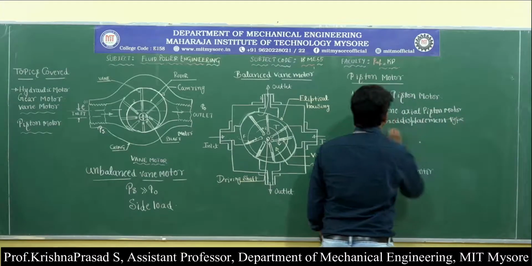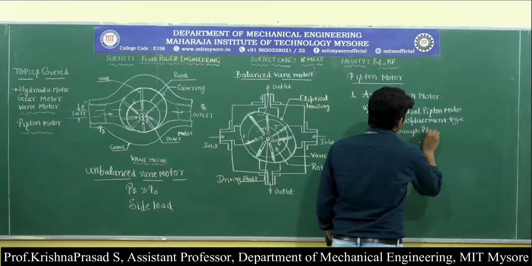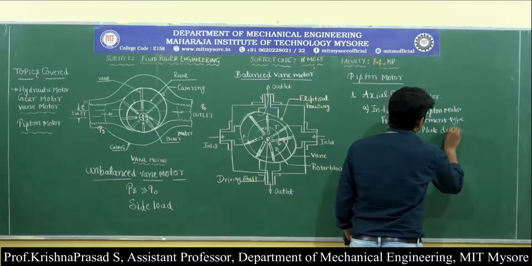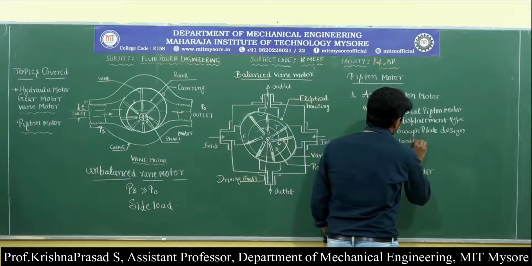In the fixed displacement type, there are two types: swash plate design and oval plate design.